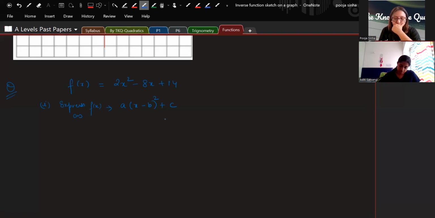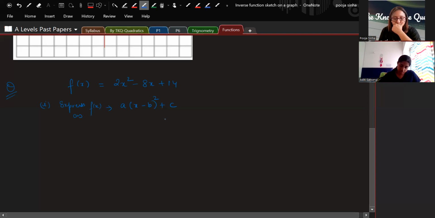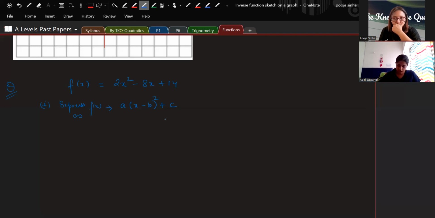Completing the square method. So quickly tell me, how will you do this? What is the answer? To make it x squared minus, you can straight away give me the answer. I know you know the method.